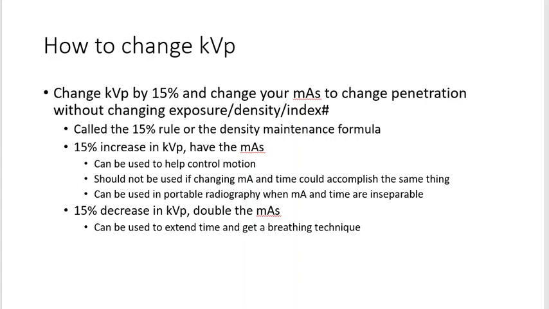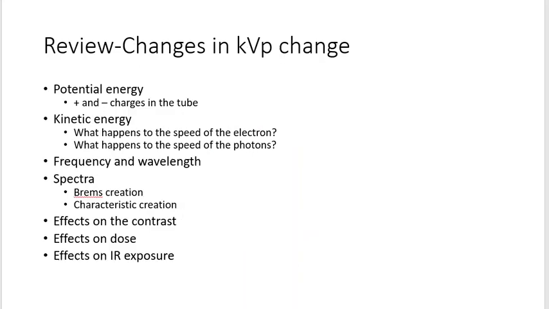It can also be used on those same types of machines whenever you can't select mA and time separate from each other, but you can reduce your kVp to increase your mass and use a longer exposure time so that you can get a breathing technique.